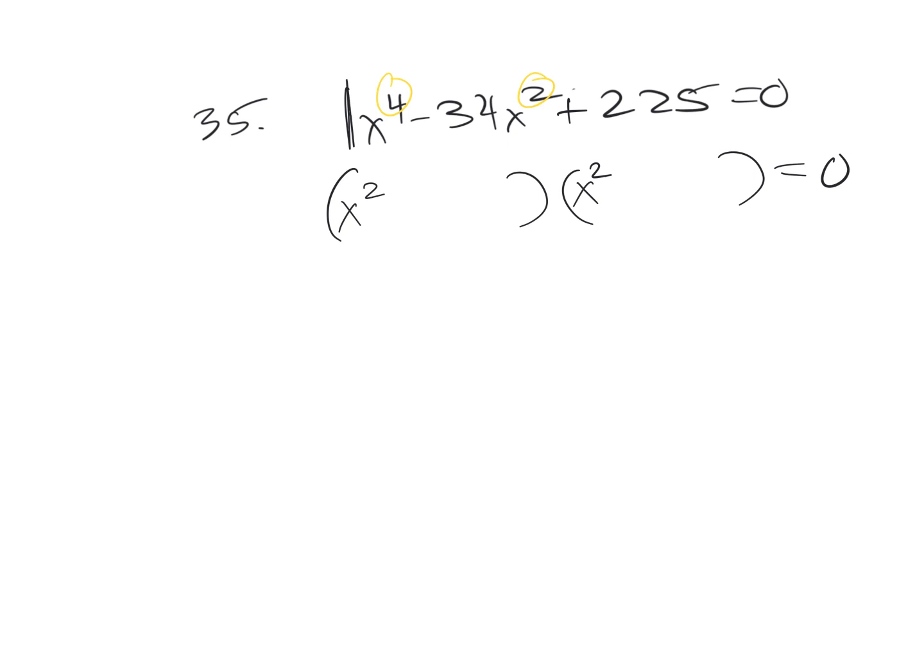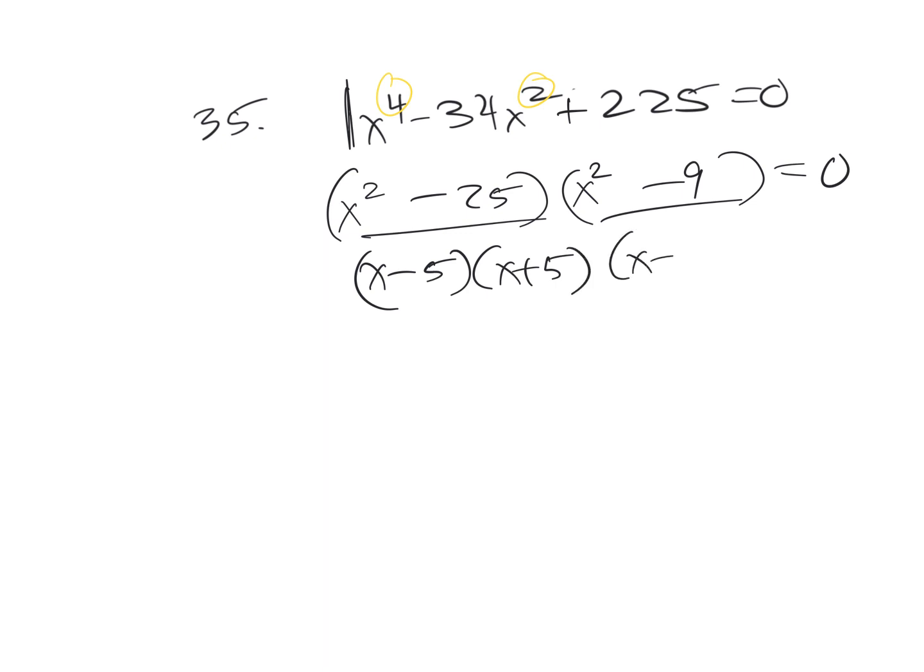So, what is it? Negative 25 and negative 9. Difference of squares now. So you have x minus 5, x plus 5, x minus 3, x plus 3. And your answer should be 5, negative 5, 3, and negative 3.